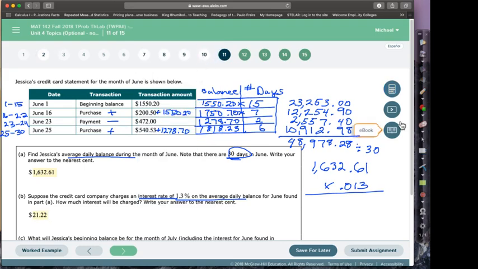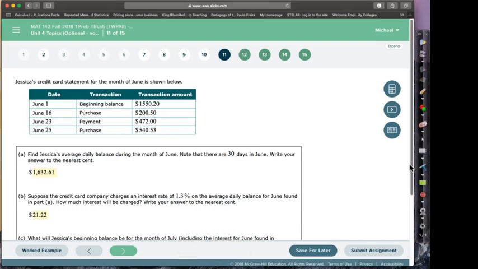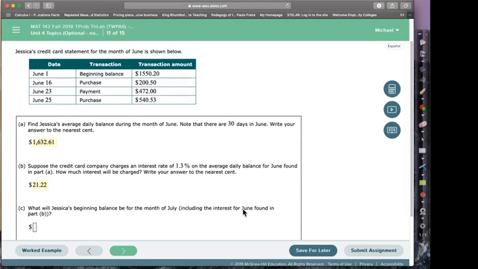Okay. And then I'm going to clear all this out. So take a nice good look. Of course, with videos you can always back up if you need to. I'm going to clear it out so it's nice and clear, and we can scan up a little bit to see the next question. What will Jessica's beginning balance be for the month of July? Oh shoot, I shouldn't have done that.